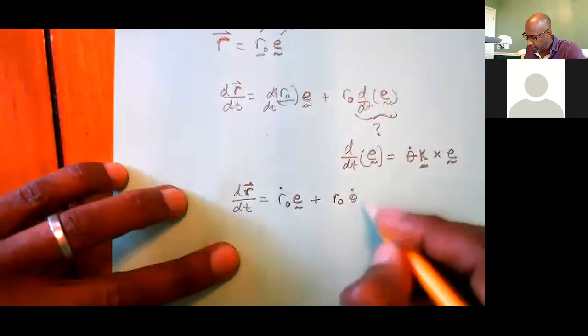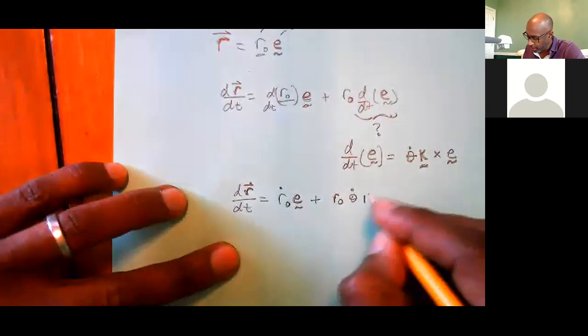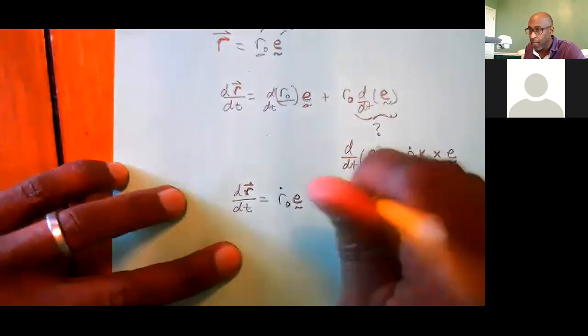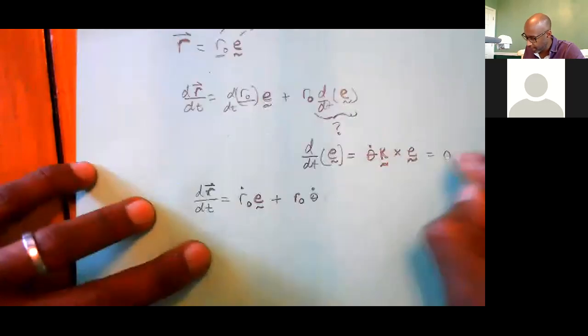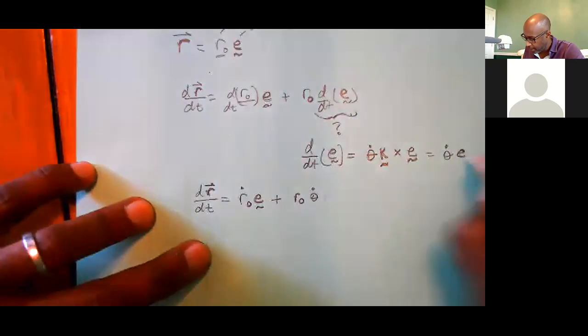So for k cross e, I really don't want to leave it like that. Let's say that k cross e is equal to theta dot e_n.